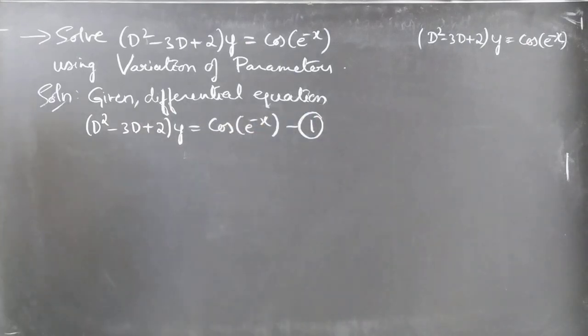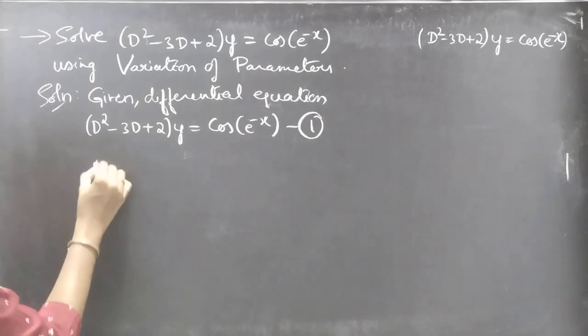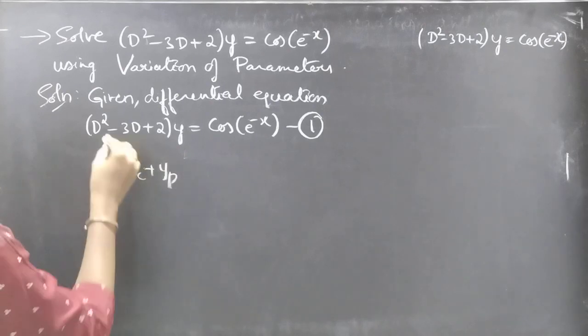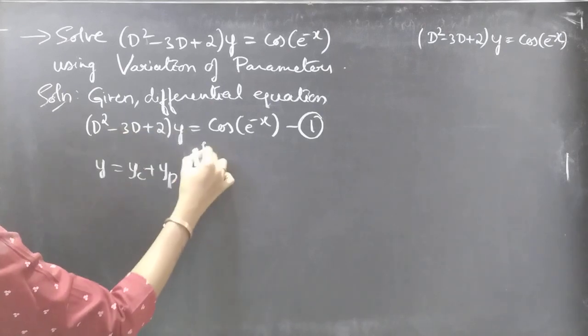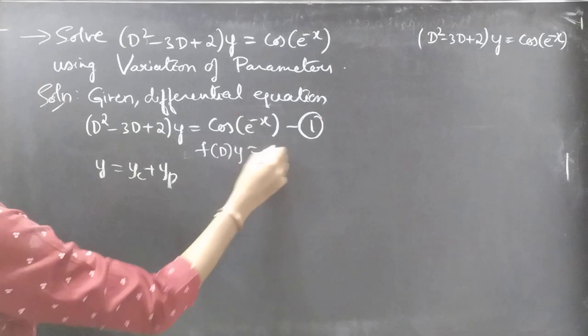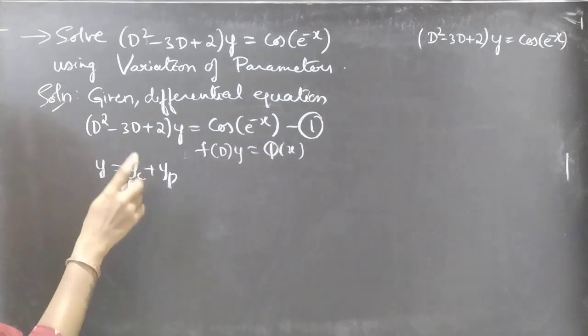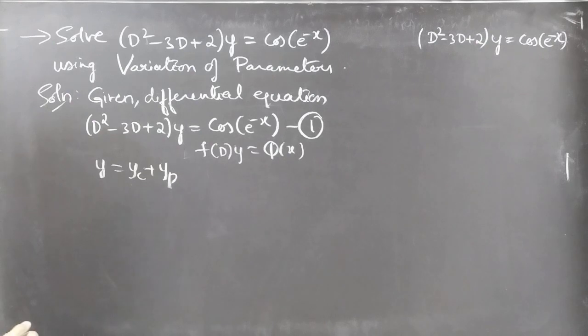Consider it as equation number 1. So we need to find the general solution of the given differential equation using y = yc + yp. Here, since the equation is of the form f(D)y = some function of x, we'll find yc using the auxiliary equation.